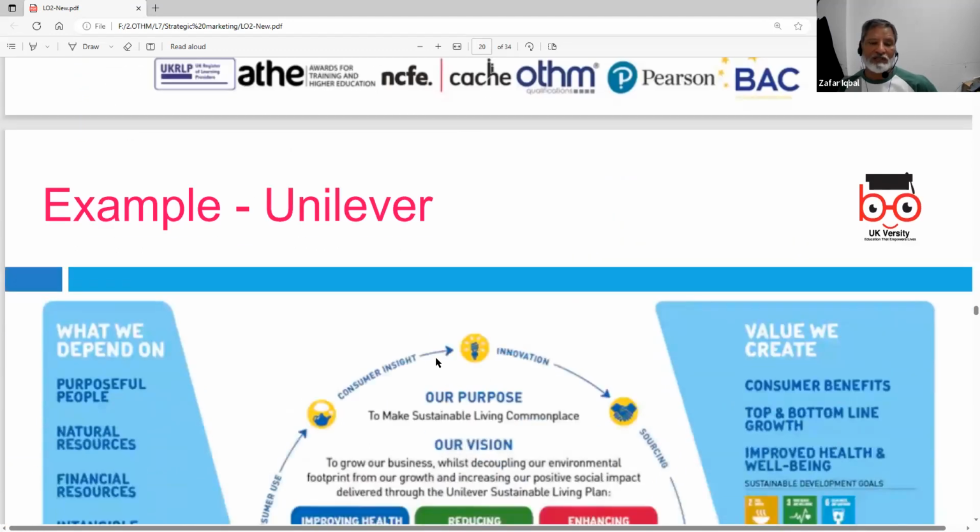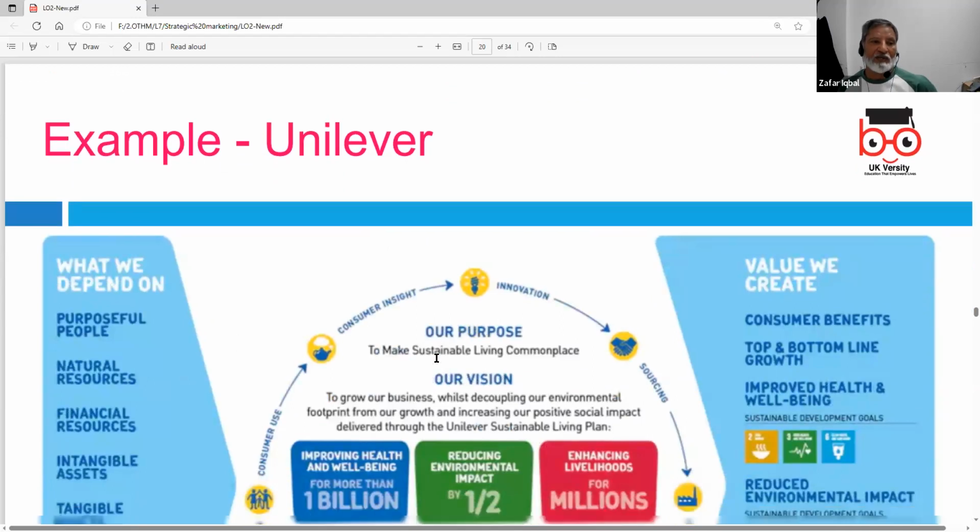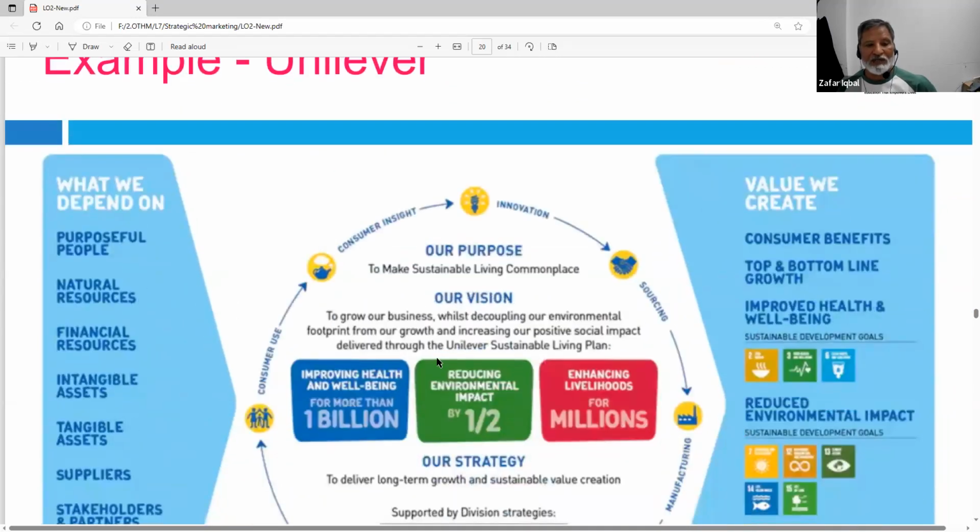An example of an organization implementing this is Unilever. They are taking this very seriously, and so are a lot of other organizations like IKEA, Coca-Cola, or Amazon.